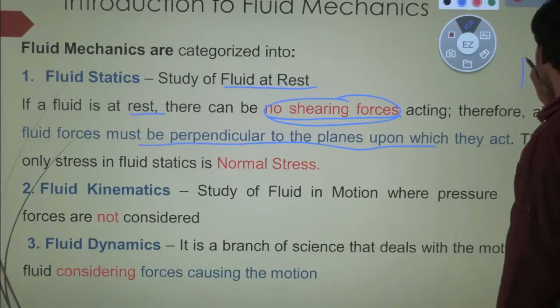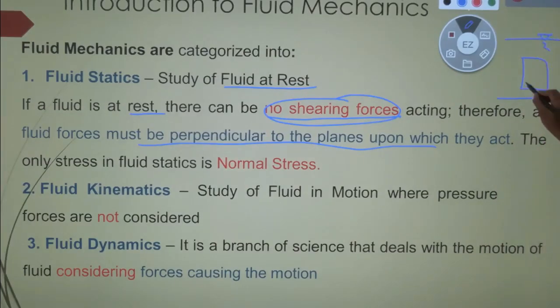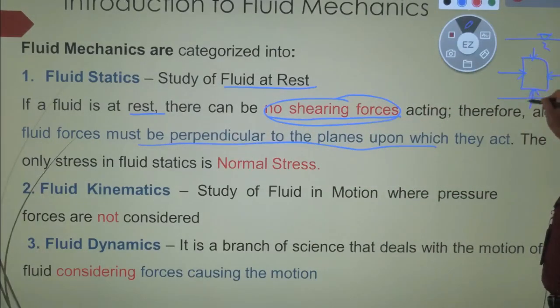For example, if I consider one fluid particle, the forces acting on it act normal to the surface at any point. Therefore all the forces must be perpendicular to the plane upon which they act.